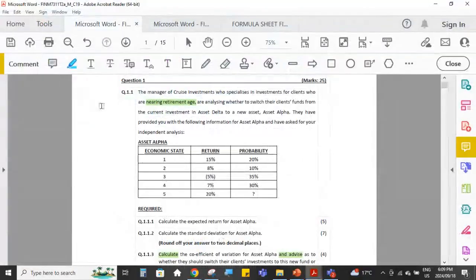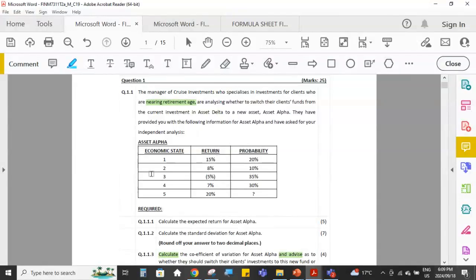So what have we got here? We've got the manager of Cruise Investments, who specializes in investments for clients who are nearing retirement age. I've highlighted that because it is an important piece of information that we need to bear in mind when we are answering question 1.1.3. We are analyzing whether to switch these clients' funds from their current investment in asset delta to a new asset, asset alpha.